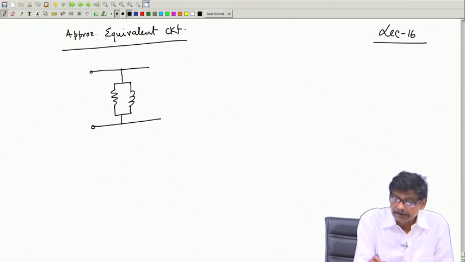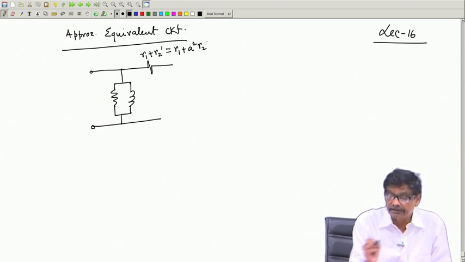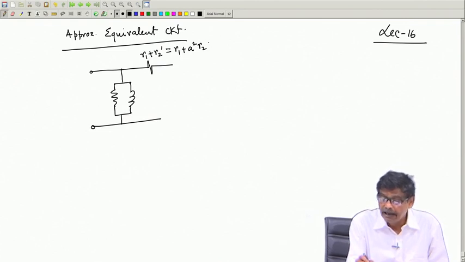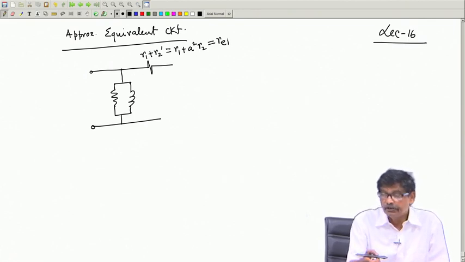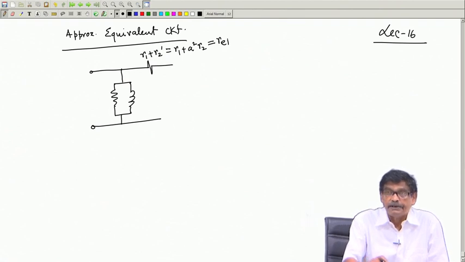This R 1 and R 2 dash can be represented by a single resistance as R 1 plus R 2 dash, which is nothing but R 1 plus a square into the actual resistance of the secondary, and this can be written simply as R E 1, that is the equivalent resistance in terms of the primary winding.